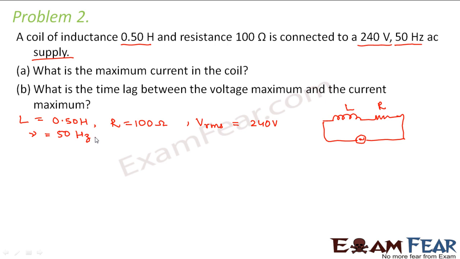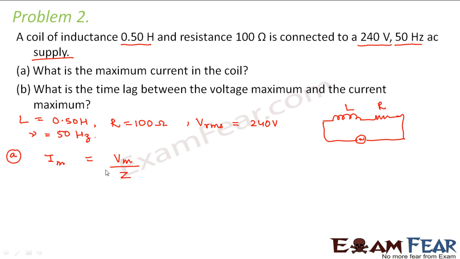So we have to calculate the maximum current in the coil. So how do we calculate maximum current? Maximum current means I have to calculate the peak value of current, right? So we always represent peak value of current as Im, right? So the peak value would be equal to the peak value of voltage divided by the net impedance of the circuit, right?